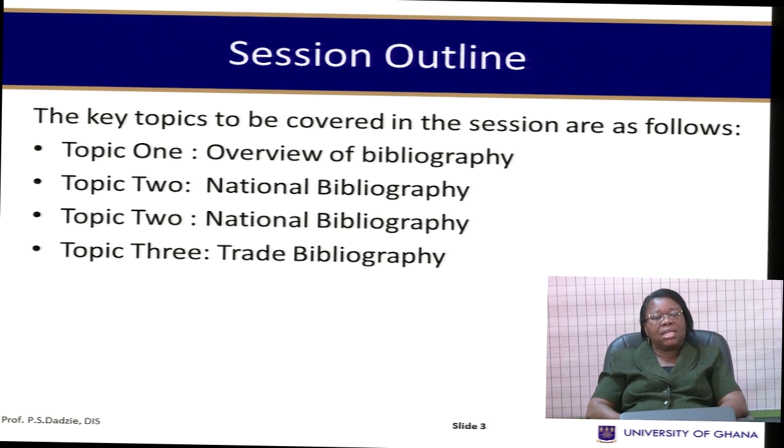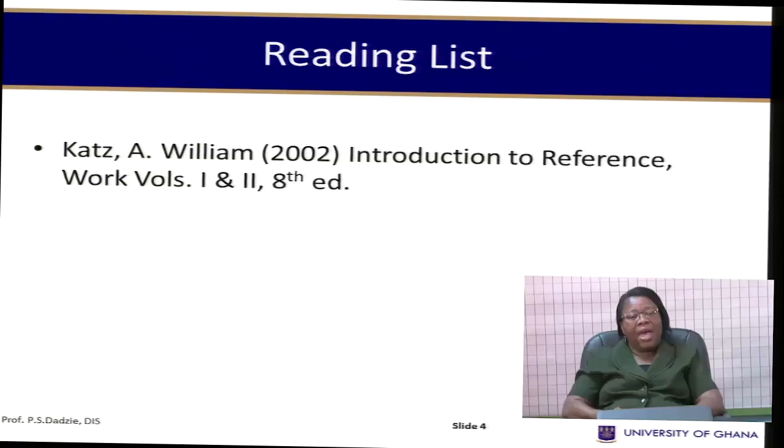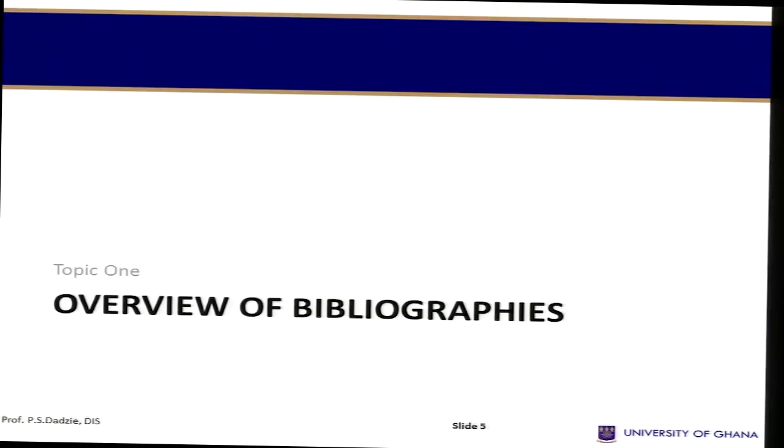We'll look at national bibliographies for our second topic. The third topic, we'll look at trade bibliographies. And then the fourth, we'll look at other bibliographies. For our reading list, we have CATS. Try and read CATS because it really explains what bibliographies are.